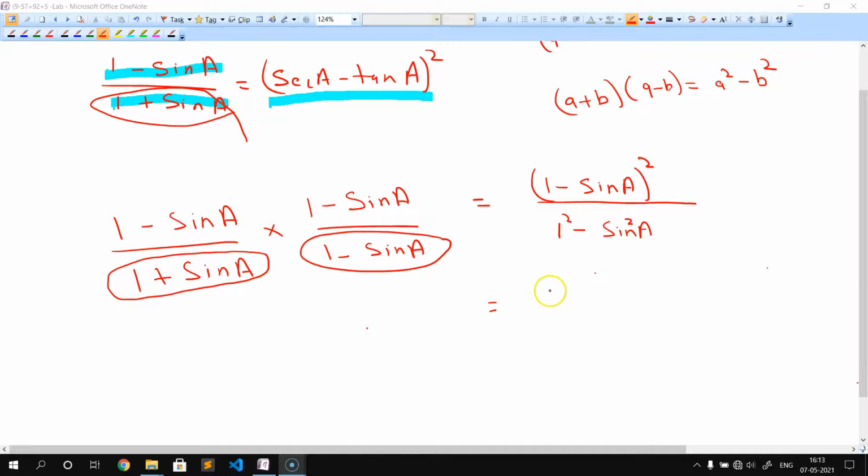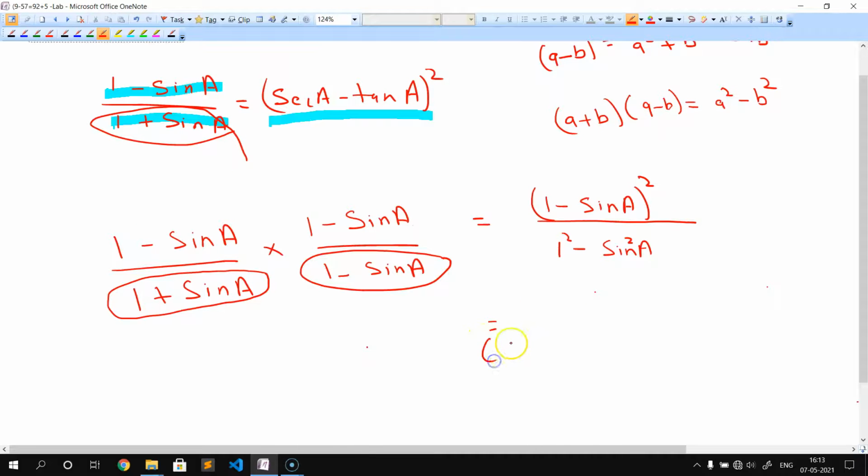So it will become (1 minus sine A) whole square upon 1 minus sine square A.